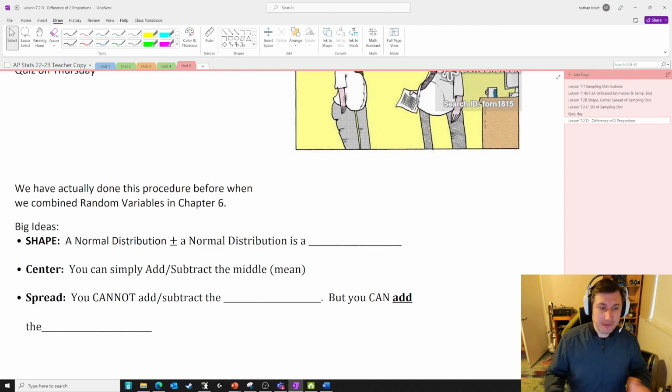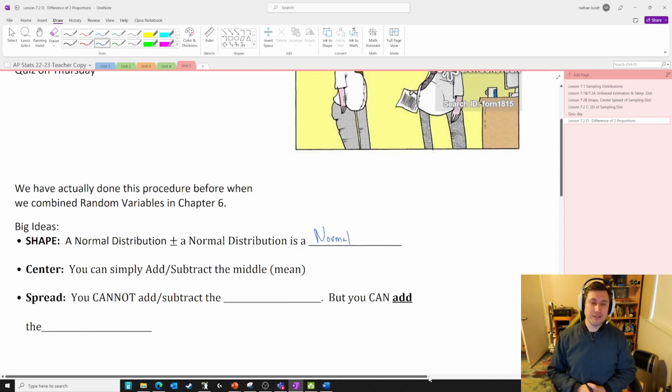Nothing happens to the shape. A normal distribution plus or minus a normal distribution gives you another, shocker, normal distribution.